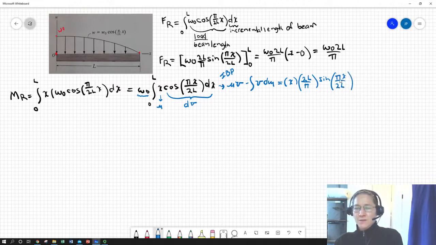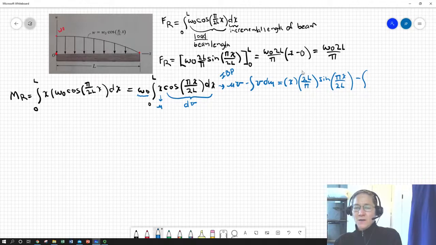And we can just take the derivative of this to make sure we get that. So that constant comes out front, and then the derivative of sine is cosine, no negative sign in this case. Okay, minus the integral of v du.